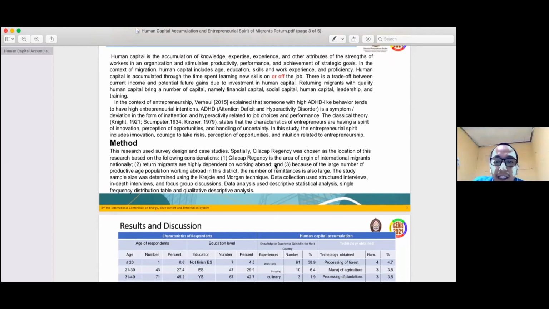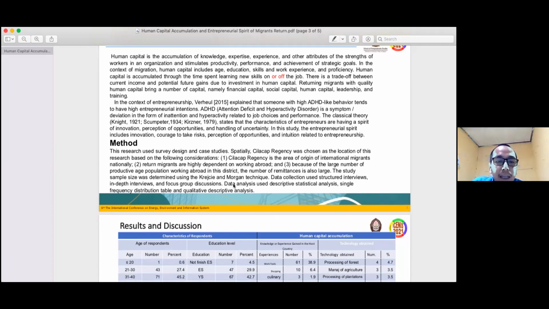Cilacap Regency is a national area of origin of international migrants. Return migrants highly depend on working abroad because of the large number of productive age population working abroad in this district. The amount of remittance is also large.